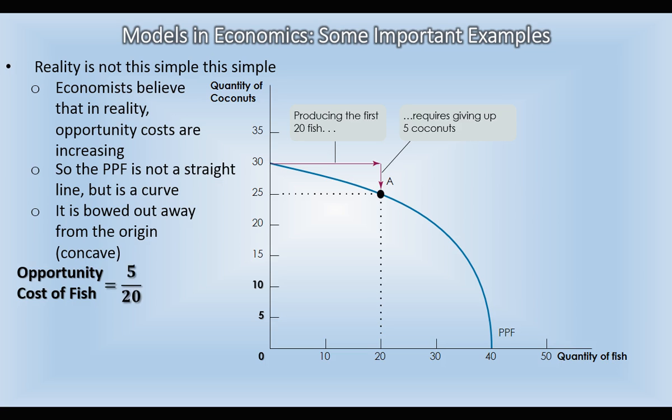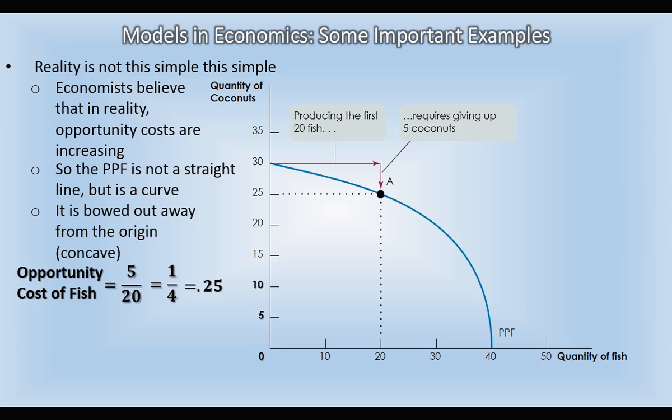So we're giving up 5 coconuts to get 20 fish. Therefore, the opportunity cost along this range here from 0 to 20 fish is going to be 1/4 coconut. So initially, as I'm deciding to finally start producing fish in this weird economy where I only produce coconuts, I am giving up 1/4 of a coconut per fish that I produce.